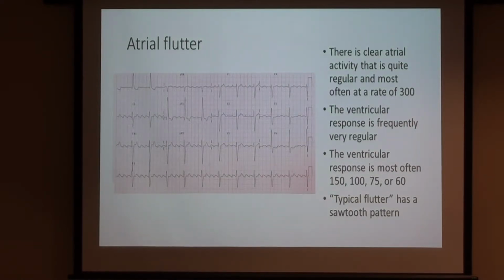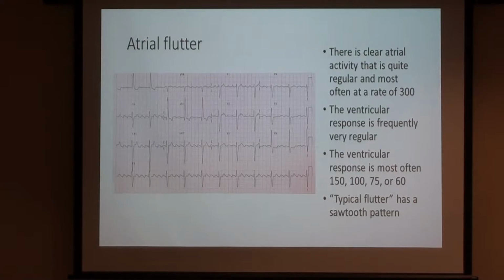Typical flutter, which is a right atrial phenomenon, a macro reentrant circuit, so there's a little short circuit that goes on in the right atrium in a particular anatomic position in the heart that is very well known to guys like us, will give you this sawtooth pattern. You don't have to have the sawtooth pattern.